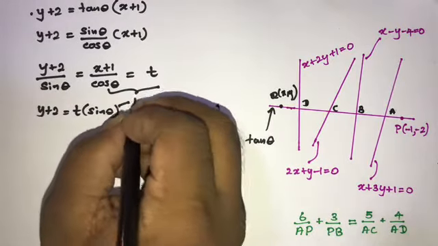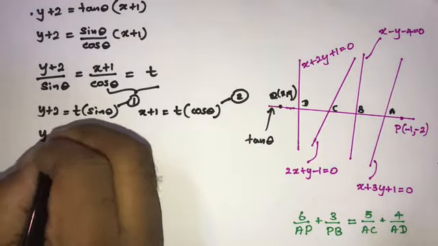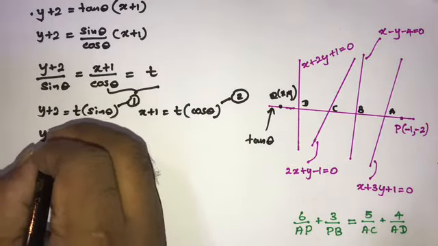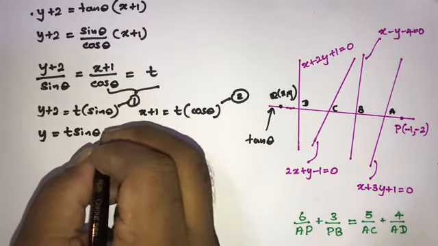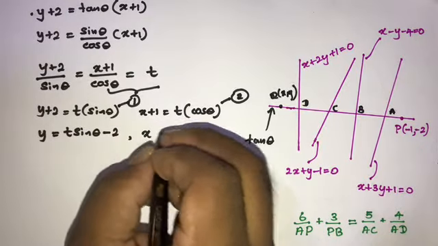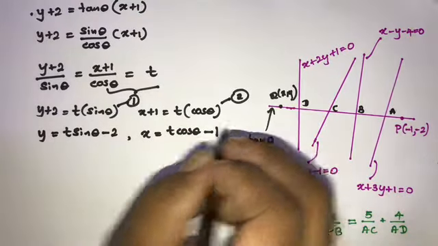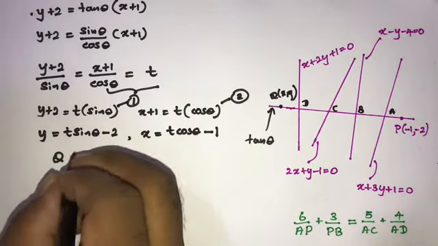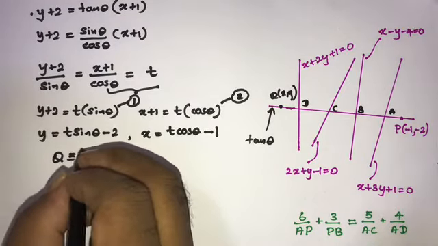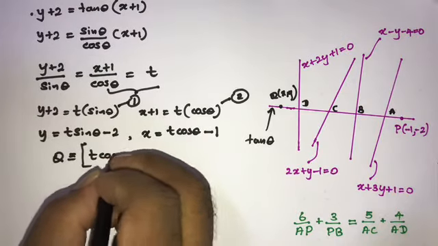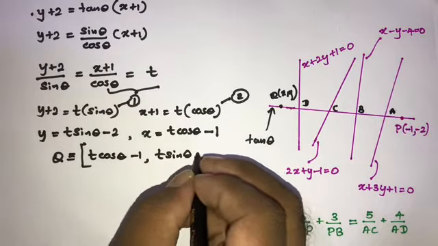If we take these as equations 1 and 2, we can isolate x and y: y is equal to t sine of theta minus 2, and x is equal to t cosine of theta minus 1. So the variable point on the line is (t cosine of theta minus 1, t sine of theta minus 2).